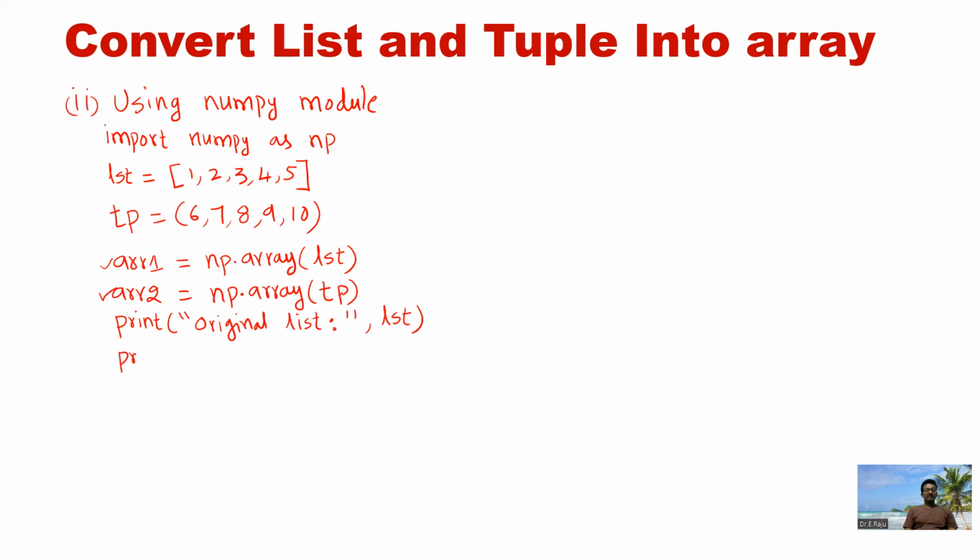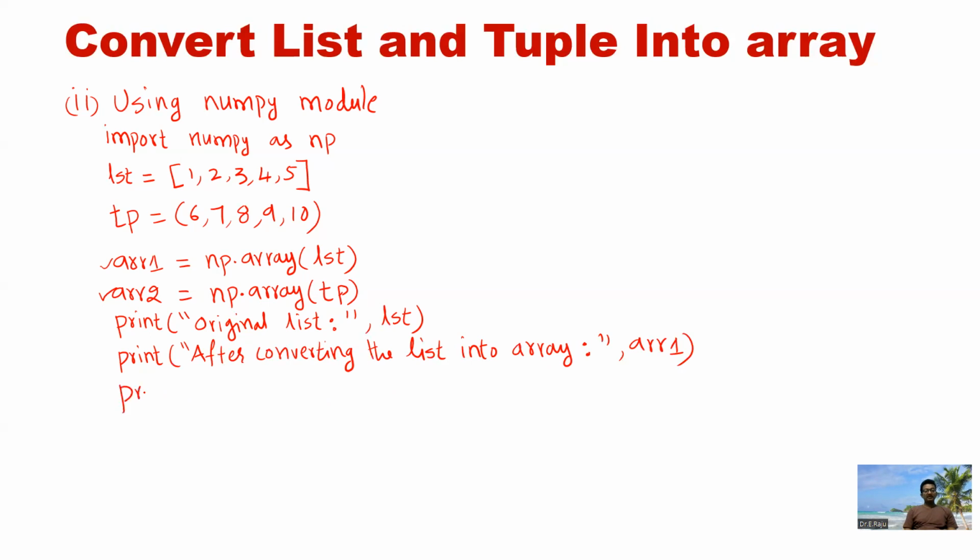Then after conversion, I print the array after converting the list into an array, which we have stored in a variable called arr1. So pass that as an argument.